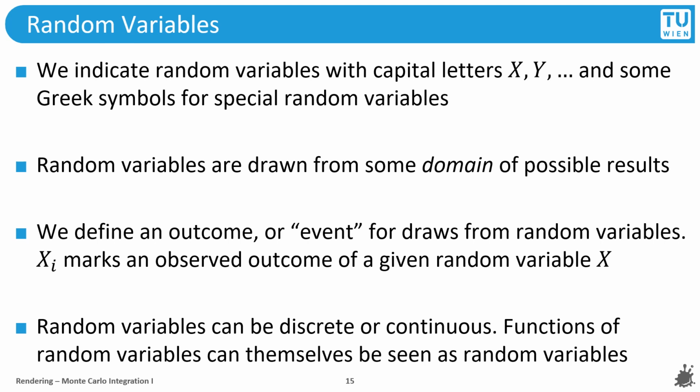We define an outcome or event for each draw from a random variable, and we denote an event or an outcome from a random variable with subscripts. So for instance, x_i marks an observed particular outcome of a draw from a given random variable X. Random variables can be distinguished into discrete and continuous random variables.